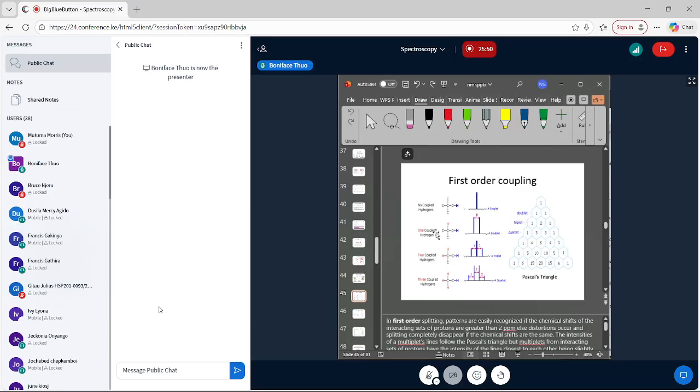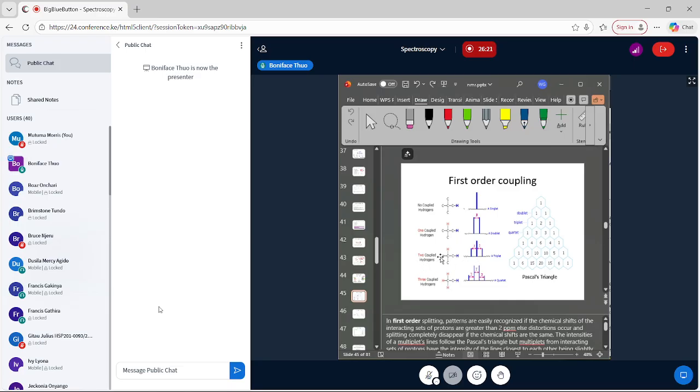When you have one proton, we get splitting of the peak into two, a doublet. You can see how the doublet results, because that hydrogen can be in the upper energy state or lower energy state, and therefore the splitting of the proton peak.